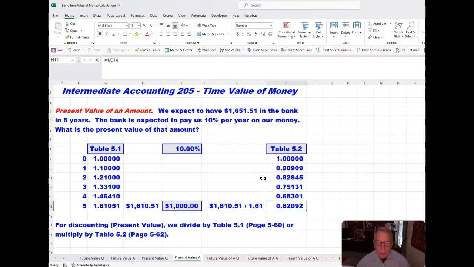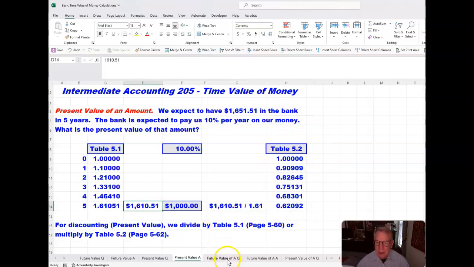So what do I do with that? Let's take this 5th year factor of 0.62092 and multiply it times $1,610.51. If I do that, I come back to $1,000. That's the present value of that sum of $1,610.51. Okay, everybody see how I did that?